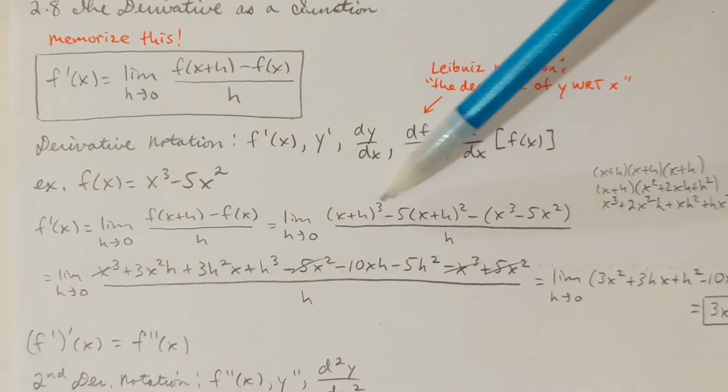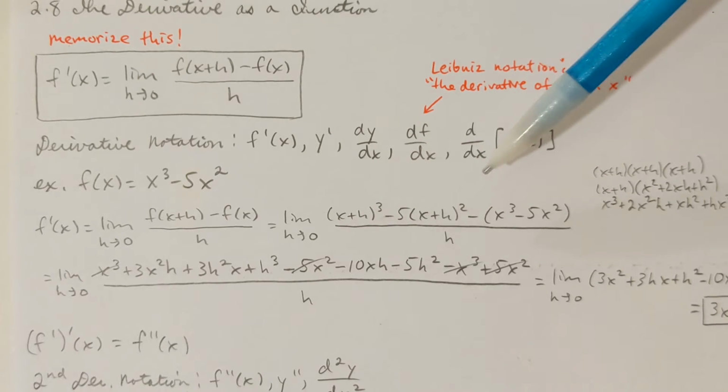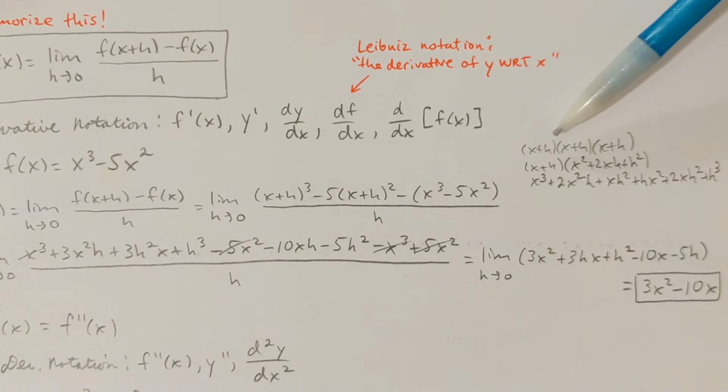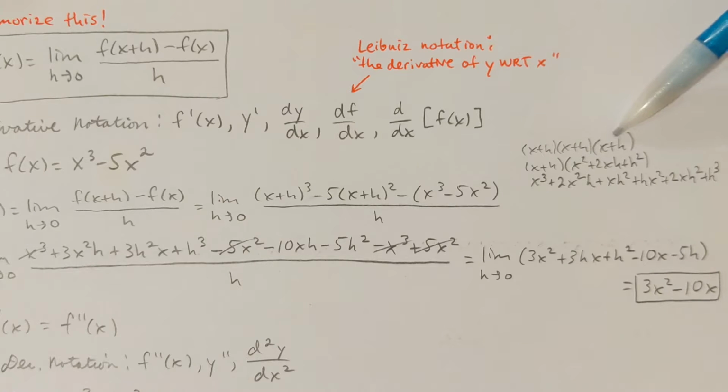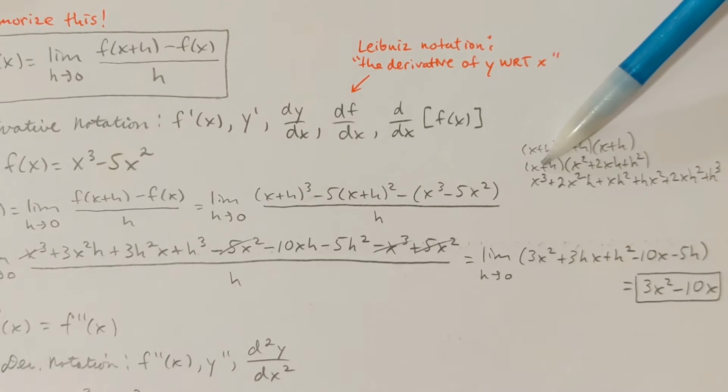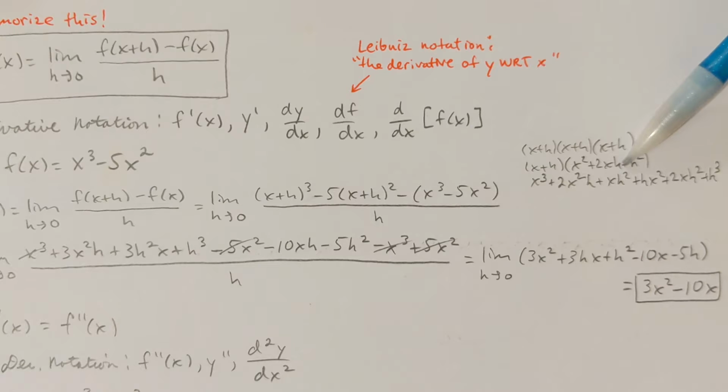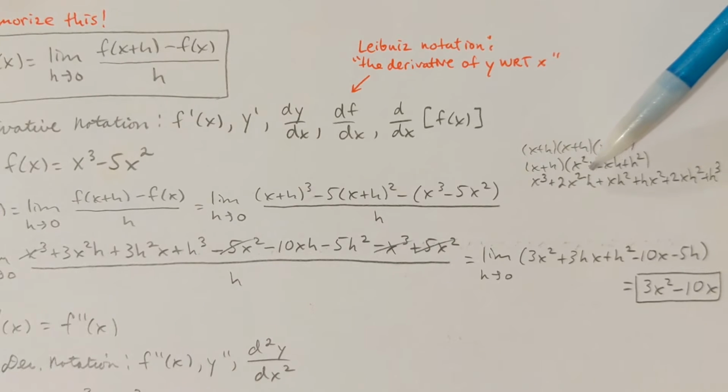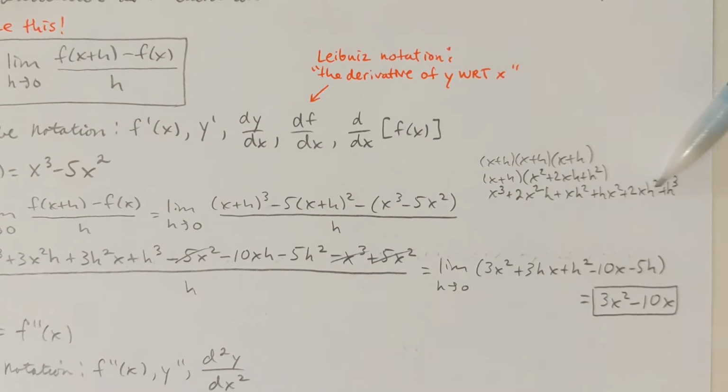I'll need to simplify this first term. I've done that kind of on the side here. So you'll FOIL this part out, then distribute x into these three terms, distribute h into these three terms, and collect your like terms.